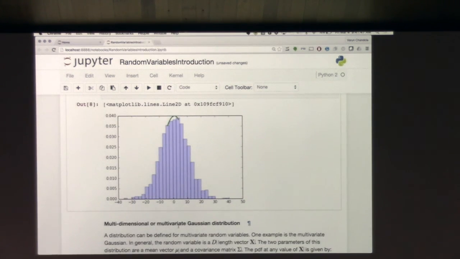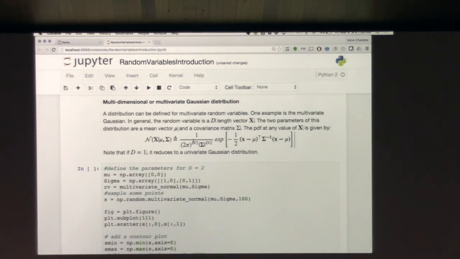Then there is also this notion of multivariate Gaussian distribution, in which instead of having a small x, one value, you have a vector of values. The expression for the probability density is pretty much the same. Now your x is bold because it is a vector of d values. There are two parameters for this distribution as well.